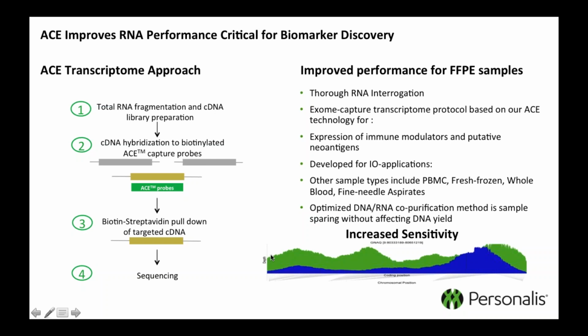And just as I showed the STK11 example from whole exome data, here with our transcriptome coverage performance, you see the same augmented, more uniform coverage in the bottom of the slide, again with the blue plus the green. So we really strive for uniform coverage across the transcript, which hopefully results in increased sensitivity to detect variants.